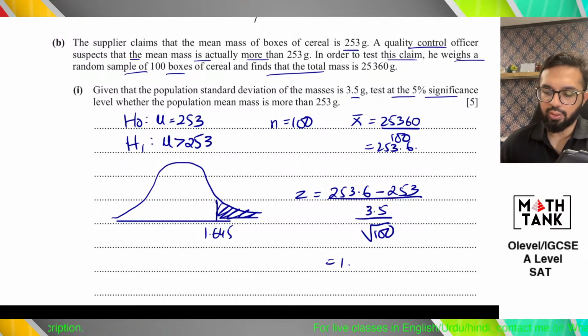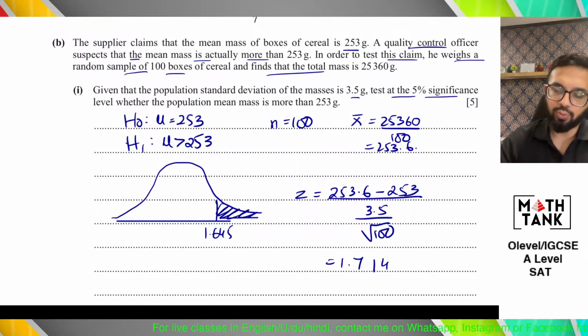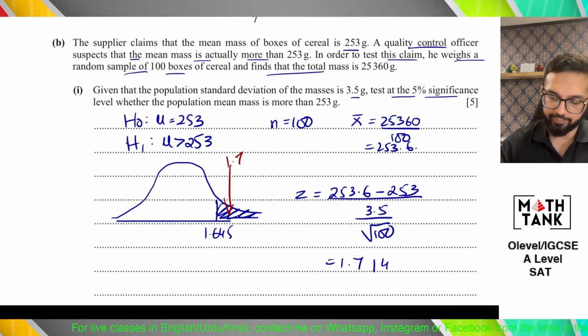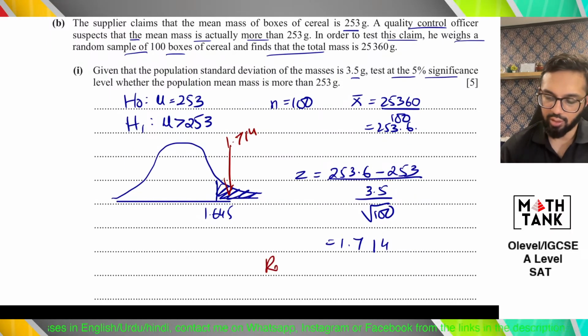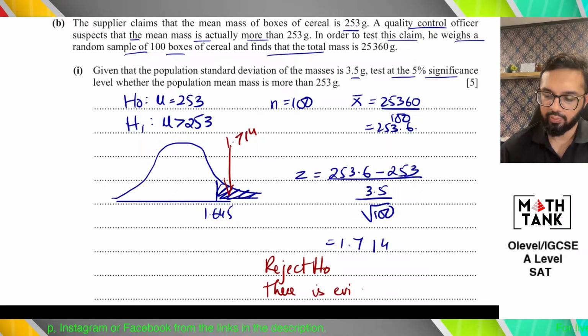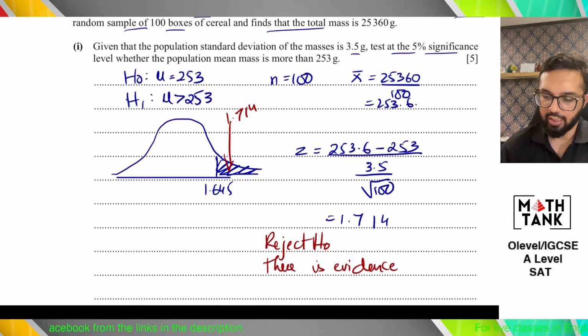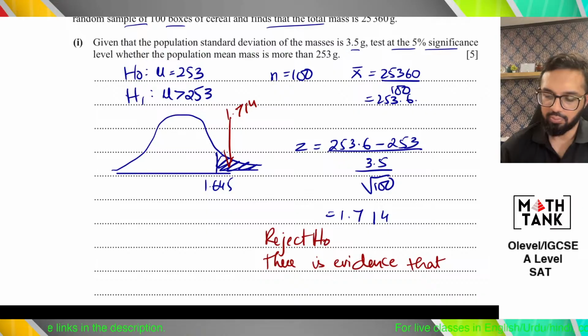Getting 1.714. Now 1.714 is inside the critical region, so reject H naught. There is evidence that the mean is greater than 253.